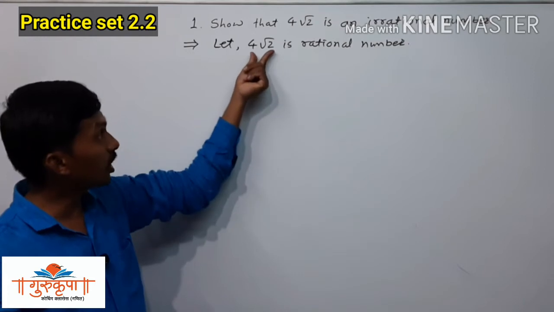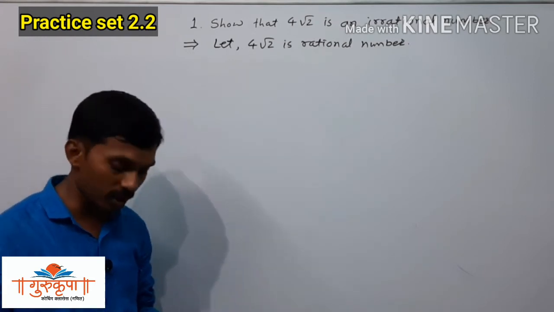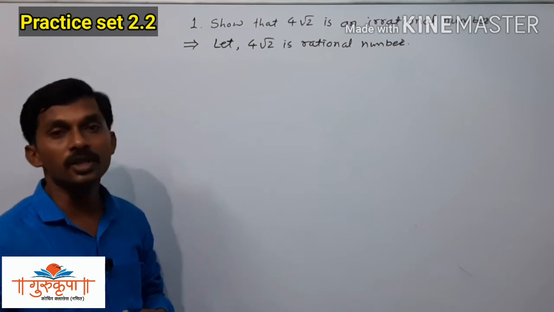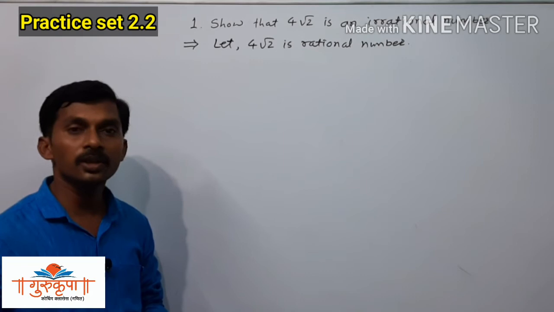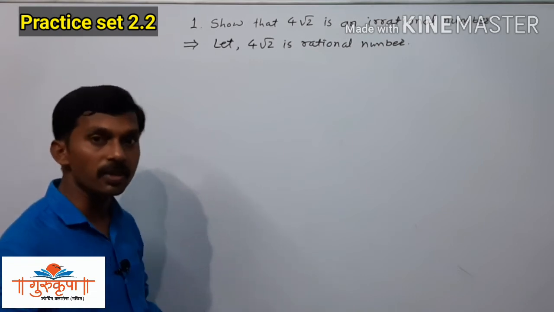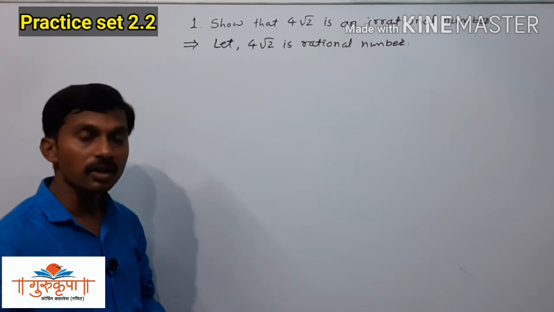If it is a rational number, then we know the definition of rational number. If a is any integer and b is any non-zero integer, then a upon b is a rational number. If p is any integer and q is any non-zero integer, then p upon q is a rational number.